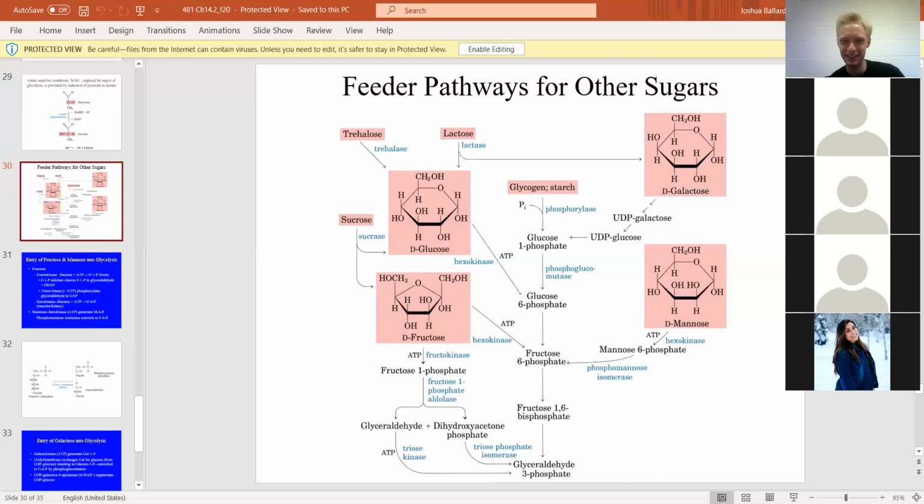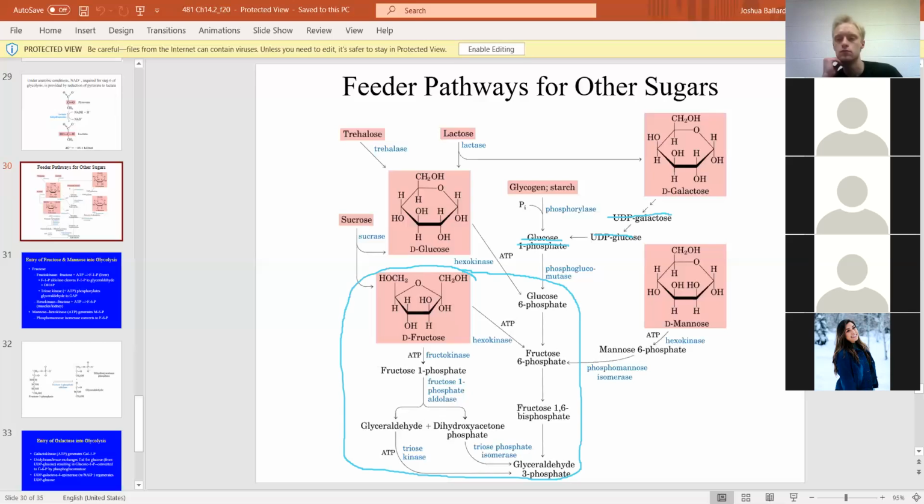Okay. So for this, you need to know everything that is contained in this circle. For fructose, okay. And then for galactose, you don't need to know this, you don't need to know this, and I don't think you really even need to know this.